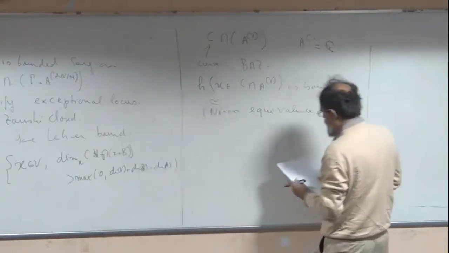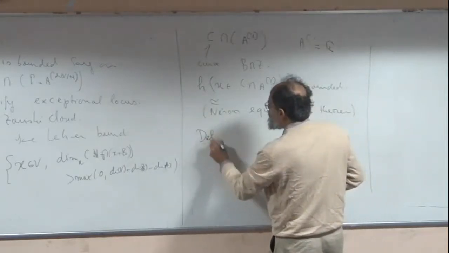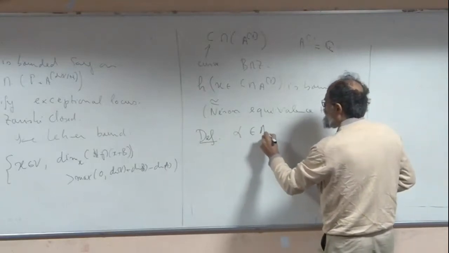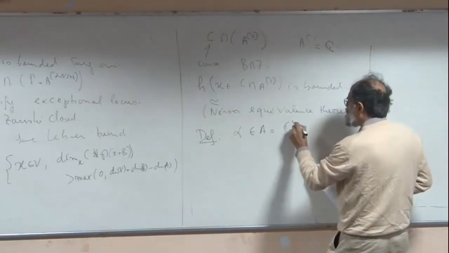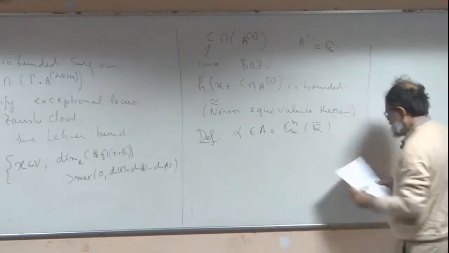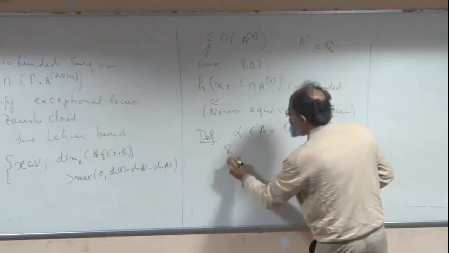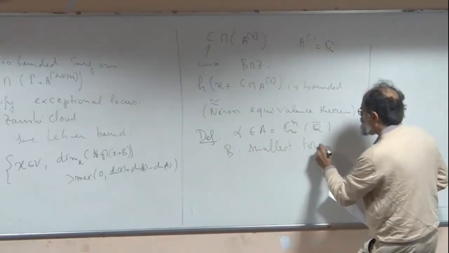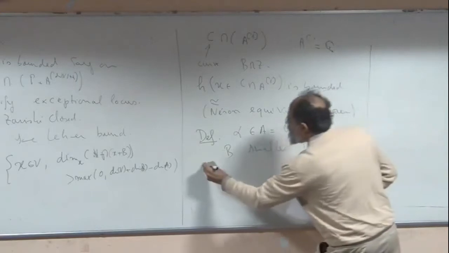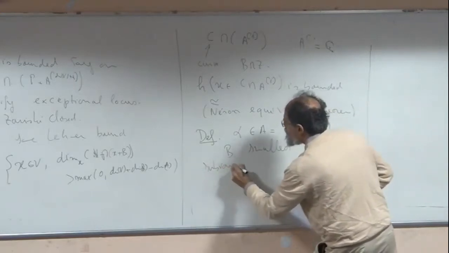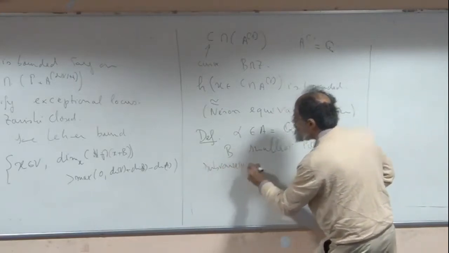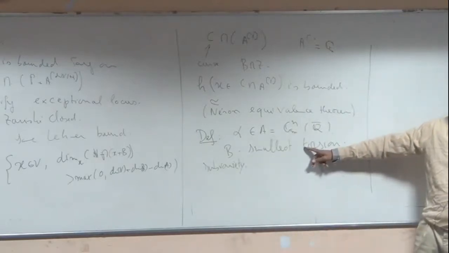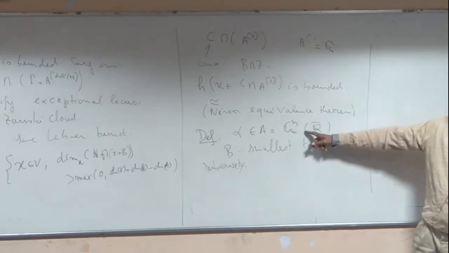I do it for Gm to the n, and then we shall extend the definition. So you take alpha in A, which is Gm to the n in this case. I take B to be the smallest torsion subvariety, which means in this case just unions of translates of subtori by torsion points, which is assumed to be irreducible over Q.